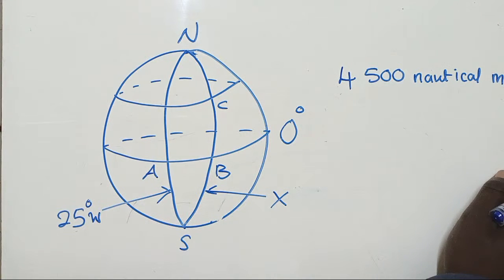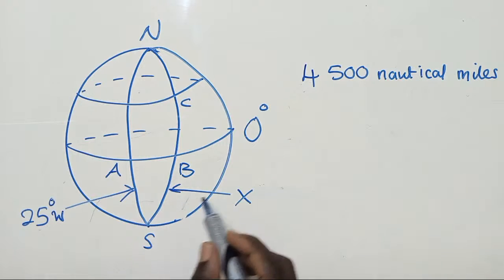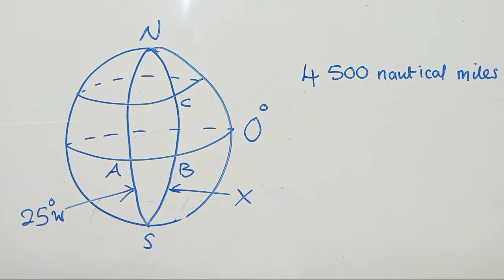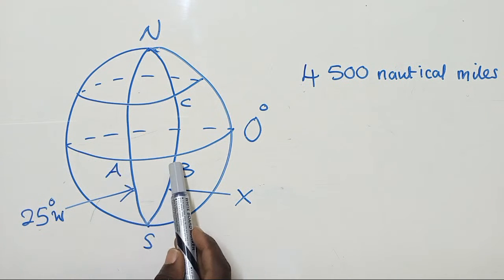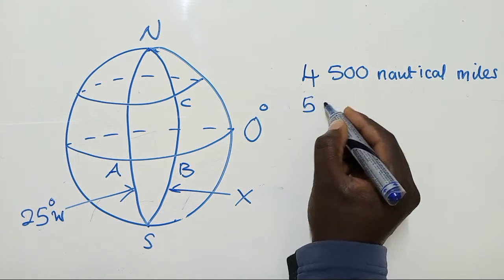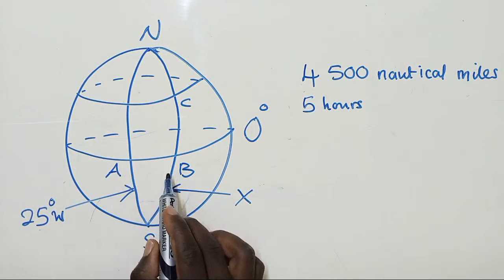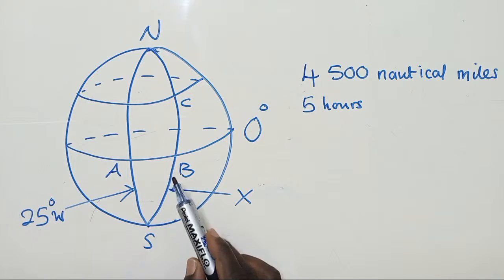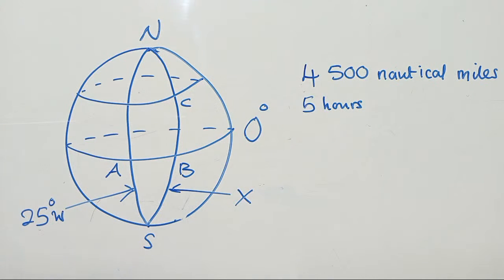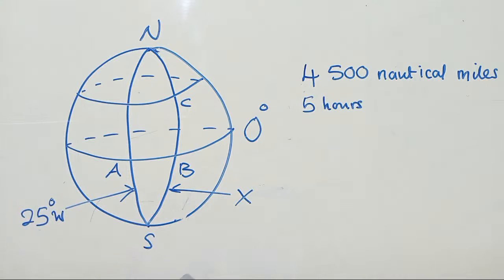Okay, so this is the distance that the plane is flying from town A to B, and it takes 5 hours. So from A to B, it takes 5 hours for a plane to fly. Find the speed of the plane in knots.